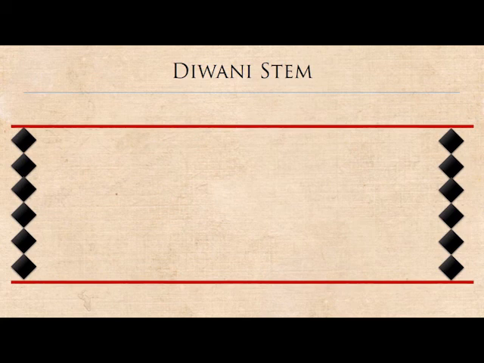The Diwani script is so flexible that it actually breaks the rules of the stem more often than not. So do practice in the stem. However, do not hesitate to be creative and break the rules if needed. Now this is the live version of the stems that we'll be using when learning the Diwani script.